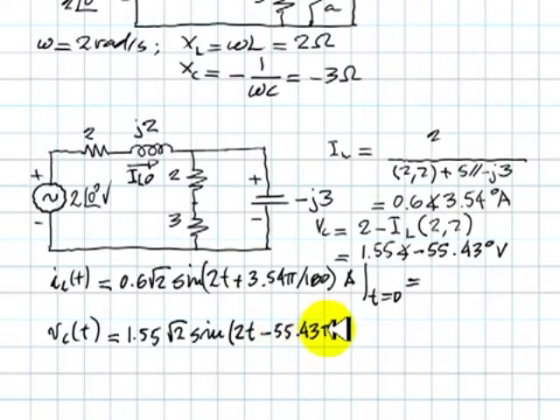Multiply by pi, divide by 180, and those are volts. Evaluated at t equal to 0, we obtain VC naught, which is the other initial condition that we will need. So sine of 3.54 degrees multiplied by root 2 times 0.6, that is this value.